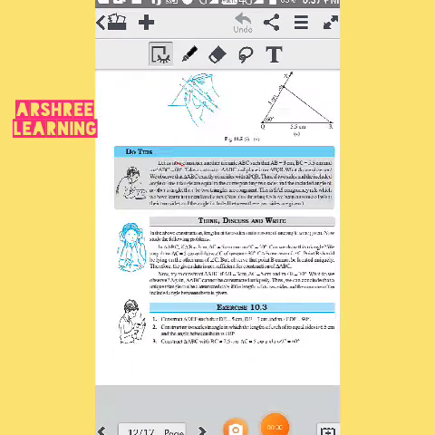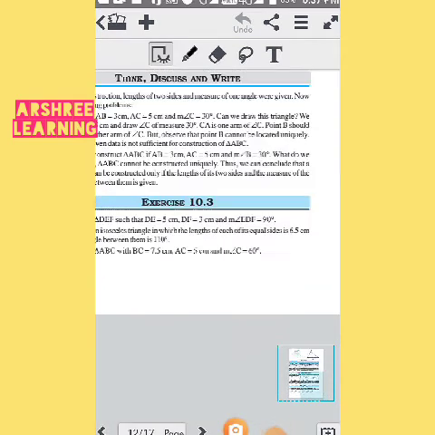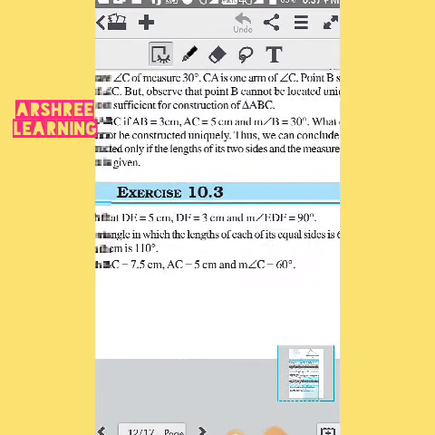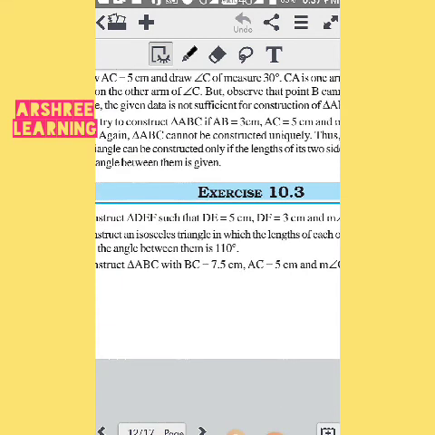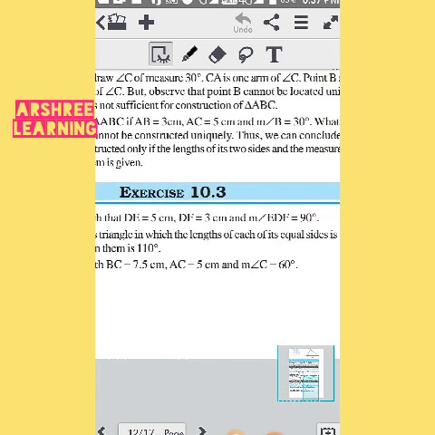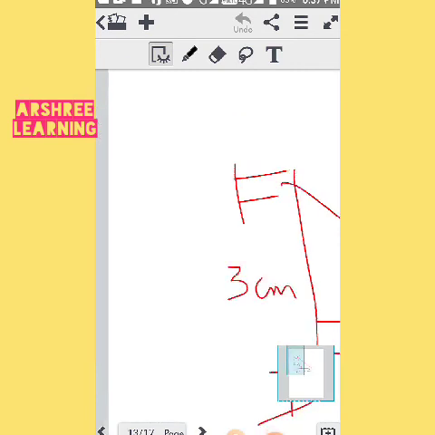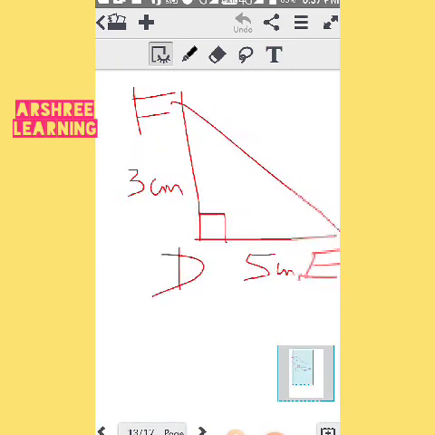So let's see how. Now exercise 10.3, construction of triangle. Question number 1, you have to construct triangle DEF in which DE is equal to 5, DF is equal to 3 and angle EDF is equal to 90. So first we will make a rough figure. Here is the rough figure I have made.